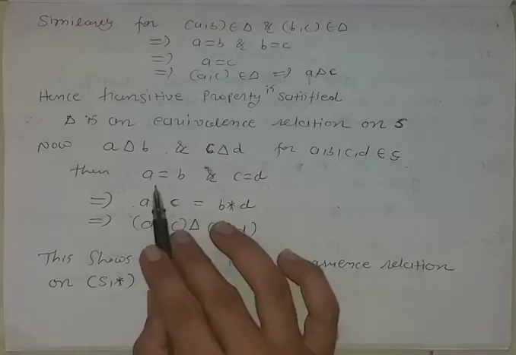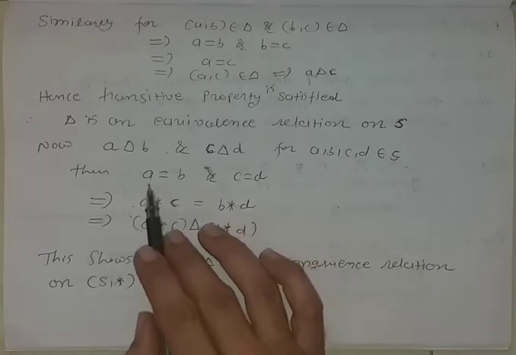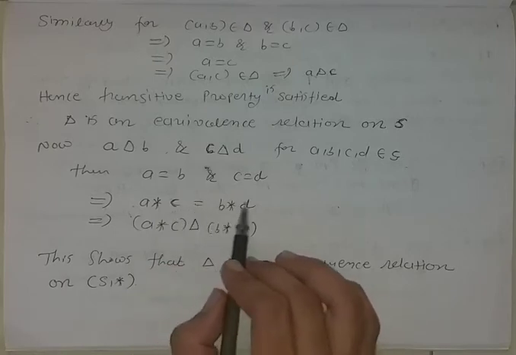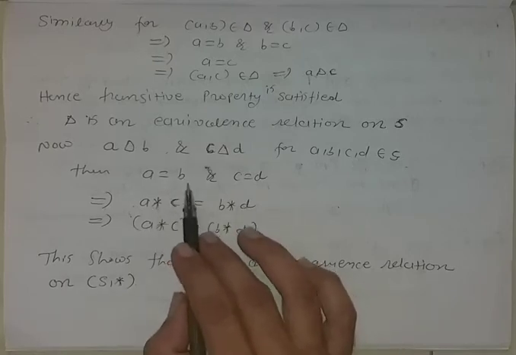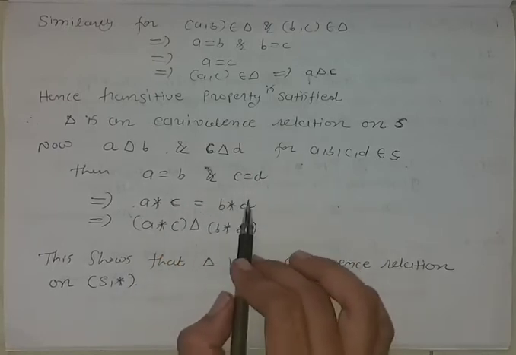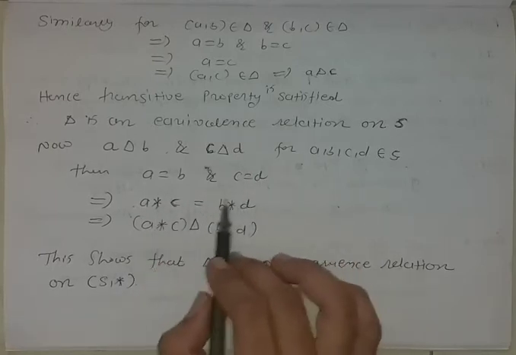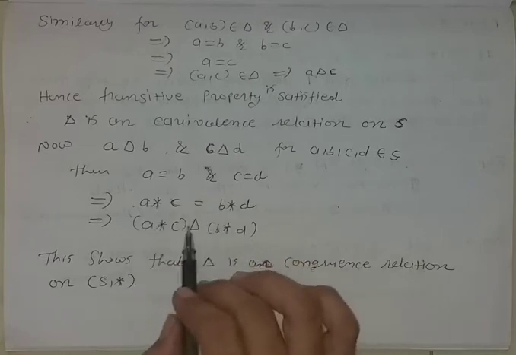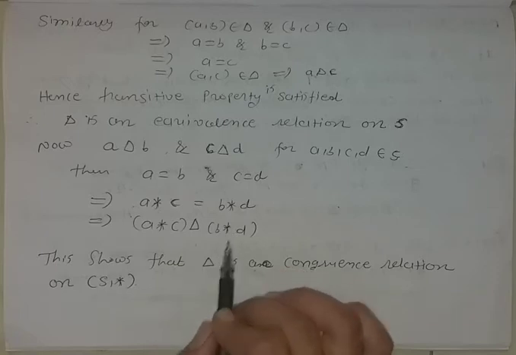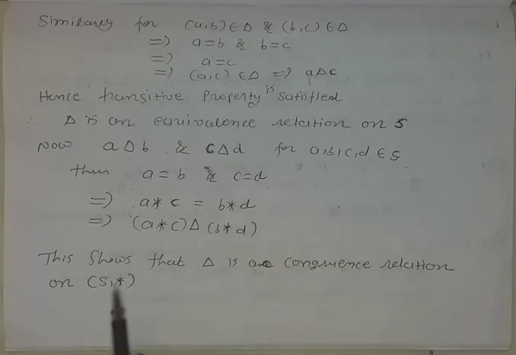Now a is equal to b, so a * c is the same as b * d, because a is equal to b and c is equal to d. So a * c is equal to b * d. So these two elements are the same. So a * c delta b * d. Okay. So this shows that delta is a congruence relation on set S.